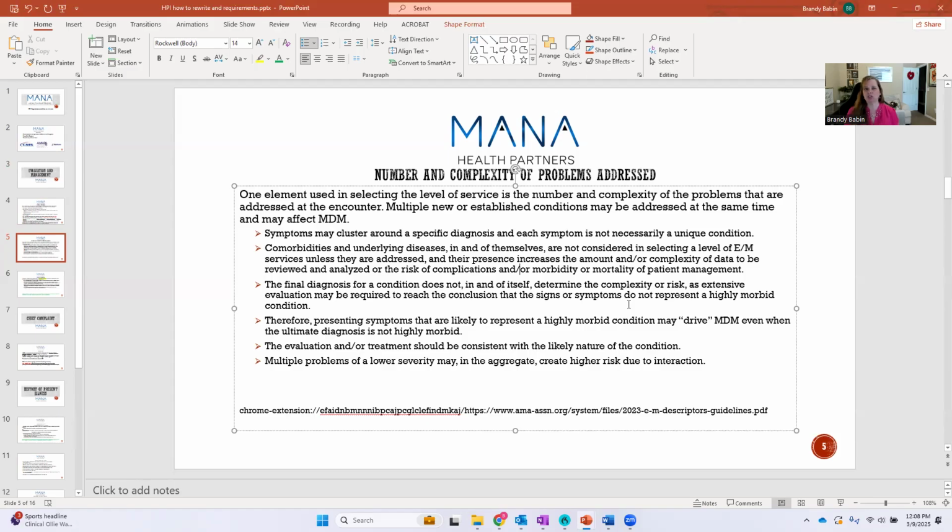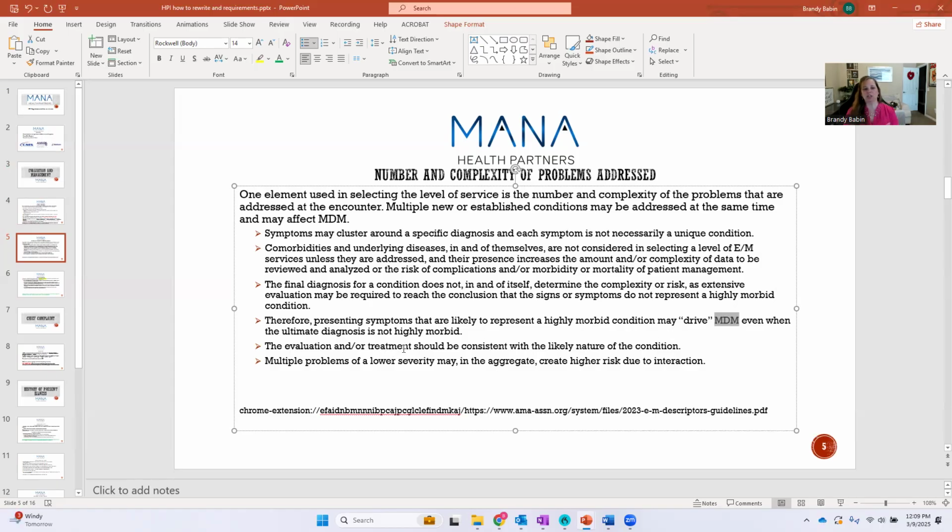So a COVID patient with a cough and shortness of breath is going to be different from a cough patient that's generally healthy. Therefore, presenting symptoms that are likely to present a highly comorbid condition may drive your medical decision making into a higher level. So all of that needs to be documented in your HPI.